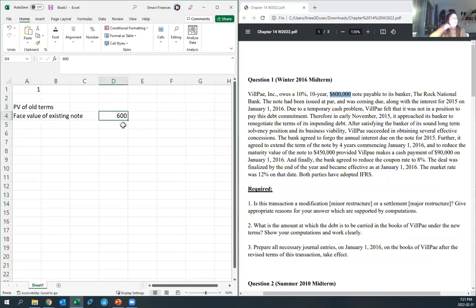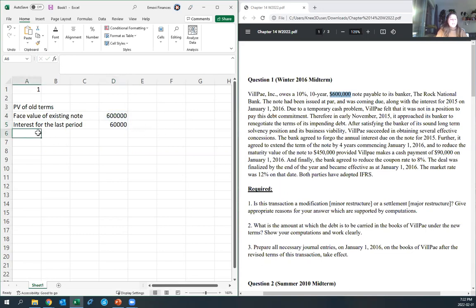All right, so the face value is 600,000. And then we're going to have the interest, the last period, which is your 600,000 times 10%, because our coupon rate is 10% and it was issued at par. So the interest rate is also 10%.